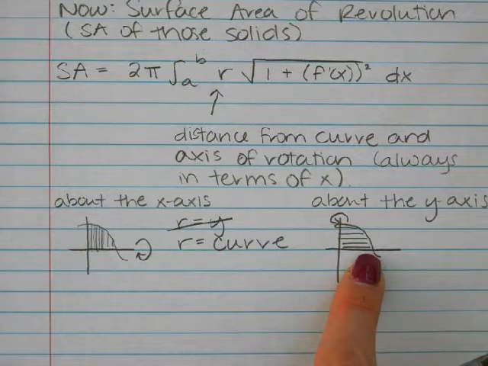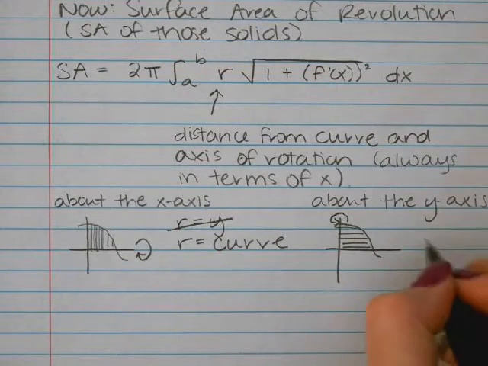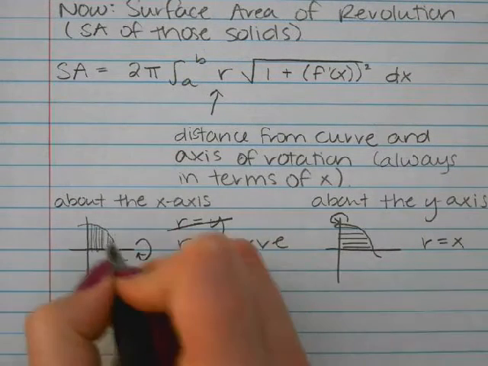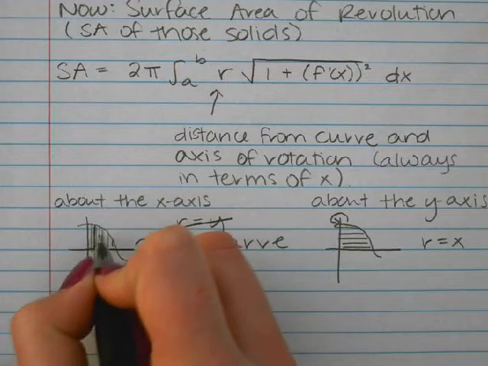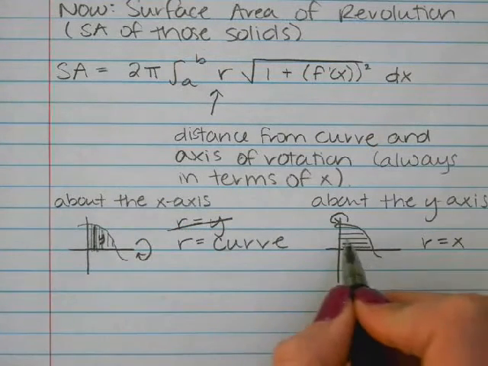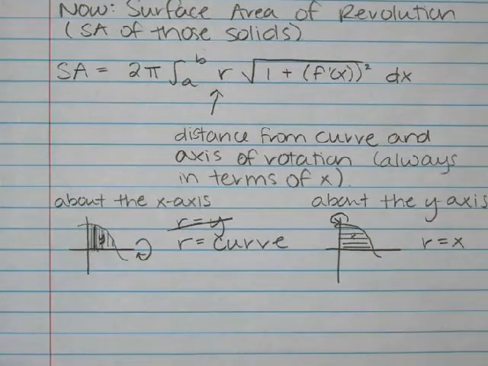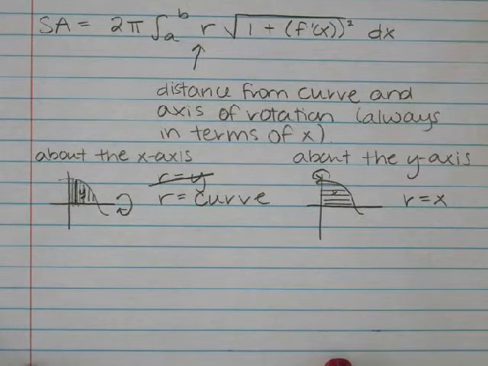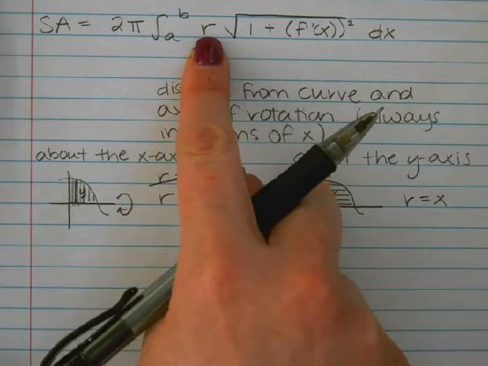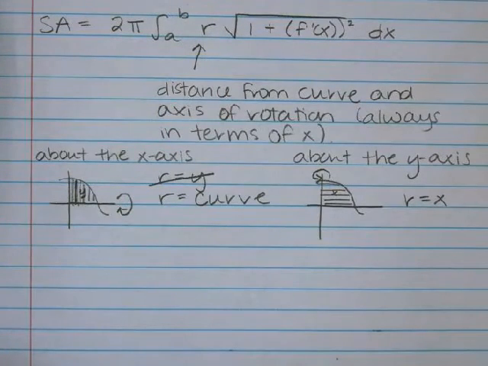Can you guys see that? The distance is the x value, so we're going to say r equals x. So here, your lines were the y value. Over here, your lines are the x value. So that's the part you have to remember because in my opinion, that's the hardest part of it, since the rest of it is just like before.